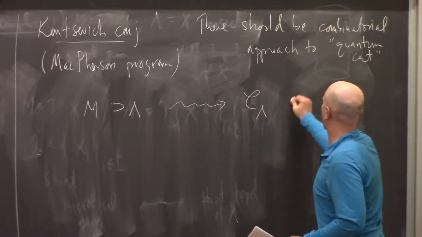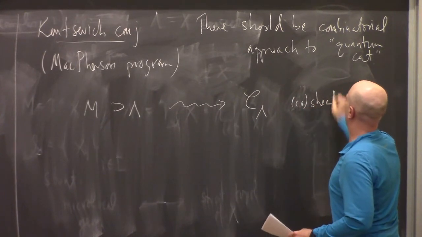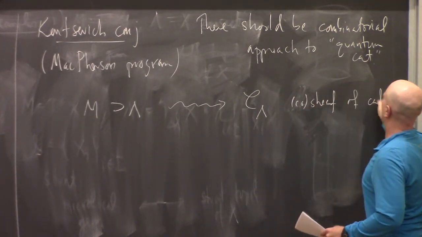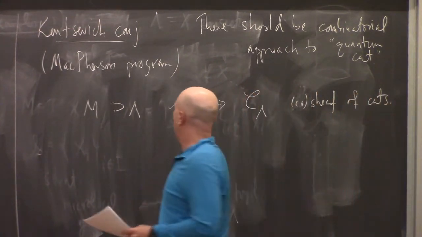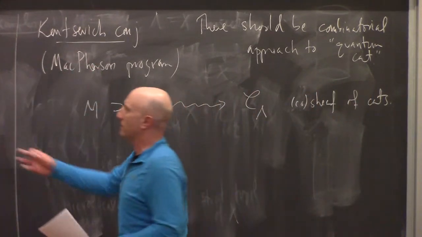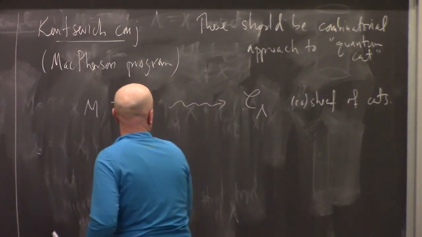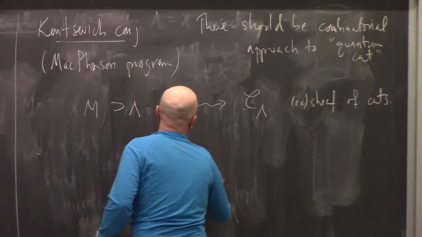So a sheaf, or maybe co-sheaf, depending on how you set things up, of categories. I should say all categories are enhanced, there'd be dg or A-infinity and so on. And you would like this global category, the A-model, to equal the global sections.